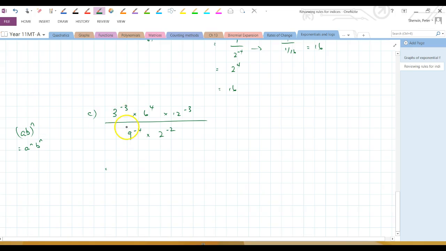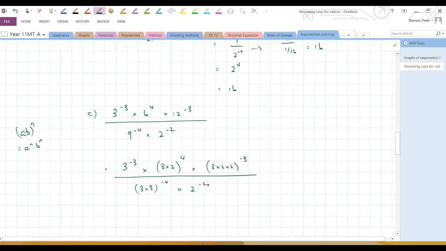Let's just see how this works. 3 to the minus 3, I'm happy to keep that because I reckon I can write my 6 as 3 by 2. So I can almost get everything in 3's and 2's as bases. 6 is 3 by 2, so I write it like that, and I write my 12 as 3 by 2 by 2. Okay, so you can see what I've done there, hopefully. My 9 is 3 by 3, and my 2 can stay because I'm just getting everything in 3's and 2's.